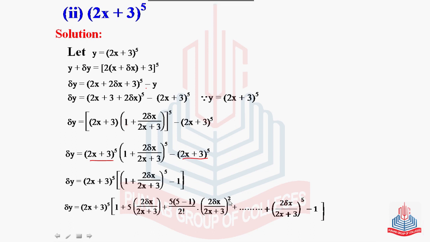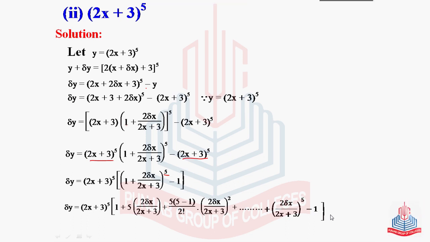As this one is a positive integer, there must be a last term, which is (2 delta x over 2x plus 3) whole raised to the power n. Here n is 5, so that will become the last term, and you must write the last term in the case of a positive integer, and at the end this will become a minus 1, which will remain the same.